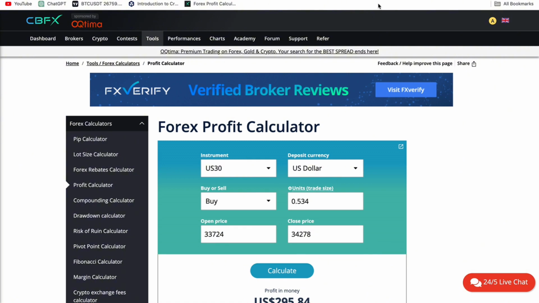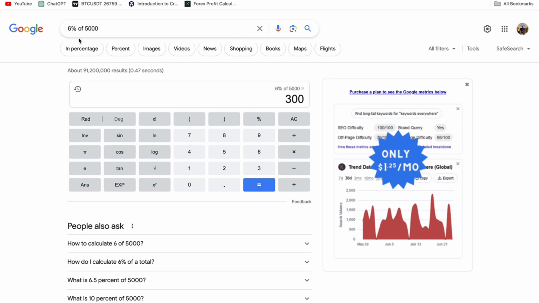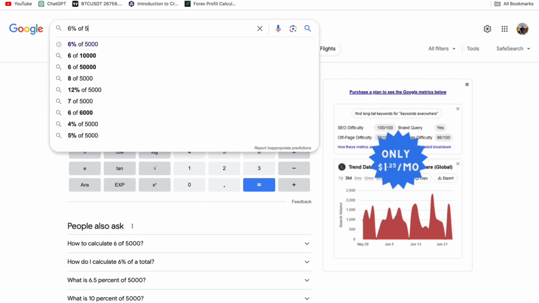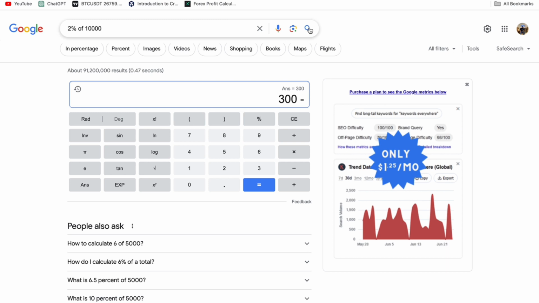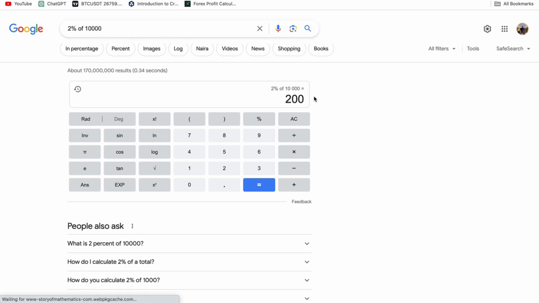All you need to do is just go to Google, enter your account size. So if you have an account of $10,000, you are going to risk 2% per trade. That means you are risking $200. So each trade you are willing to lose $200.